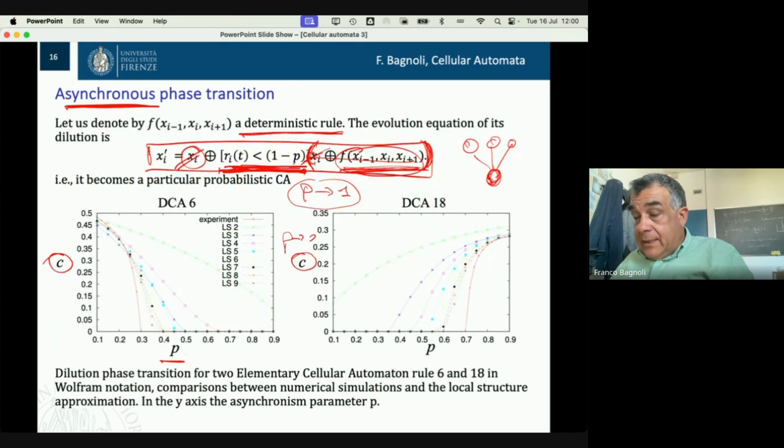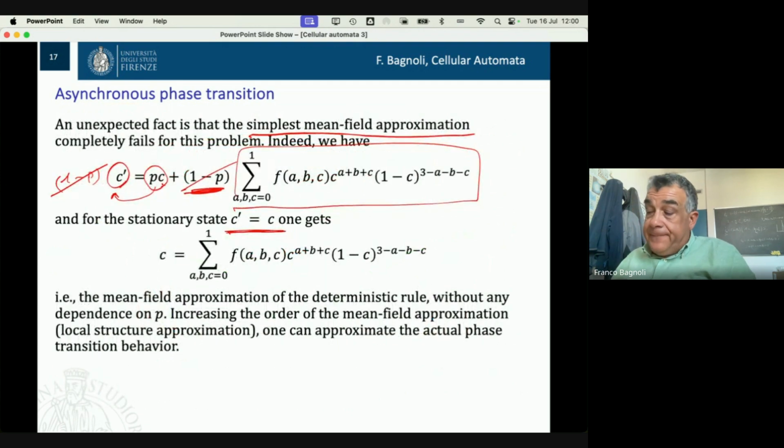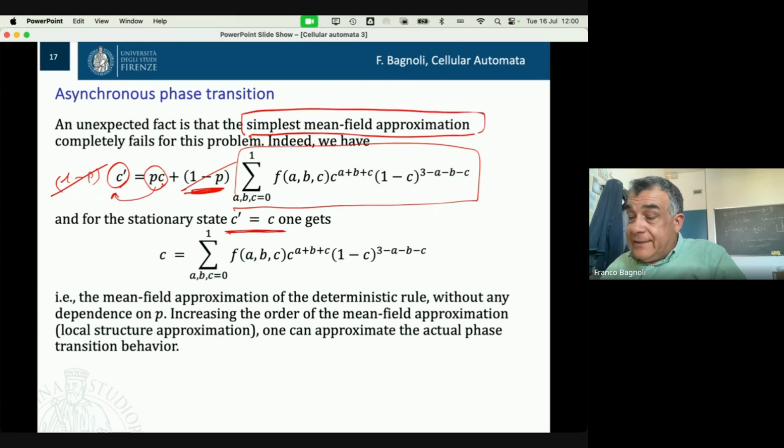phase diagrams. And if you think that this is something that, for instance, could happen for very diluted chemical reactions and so on, it is interesting to understand that the simplest mean field approximation can completely fail.